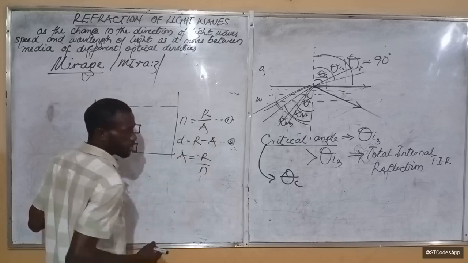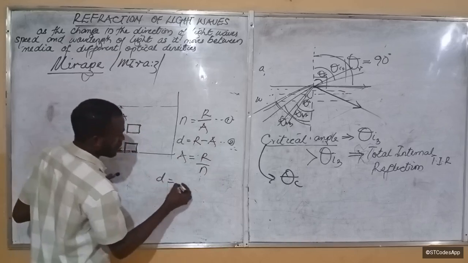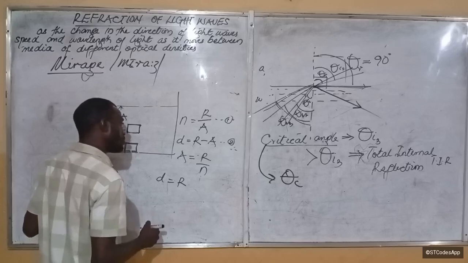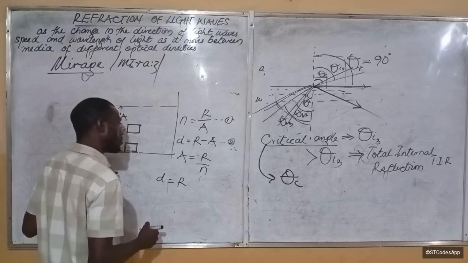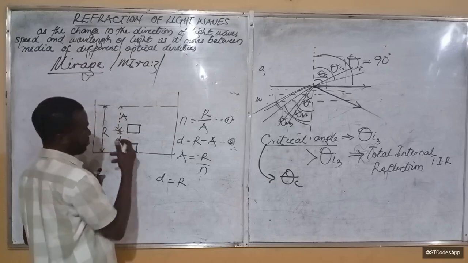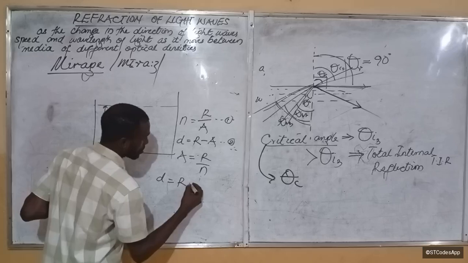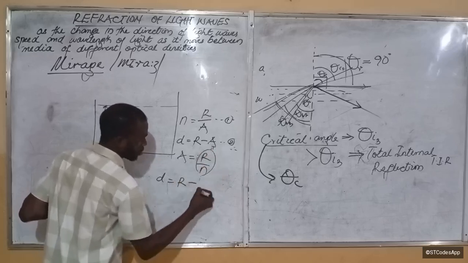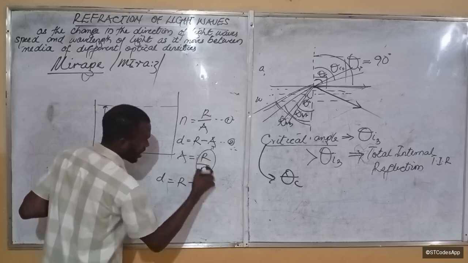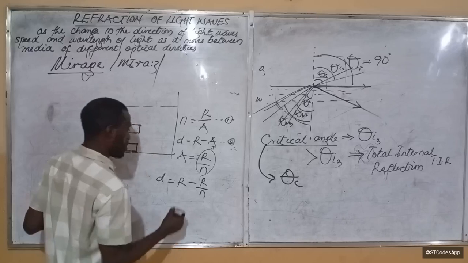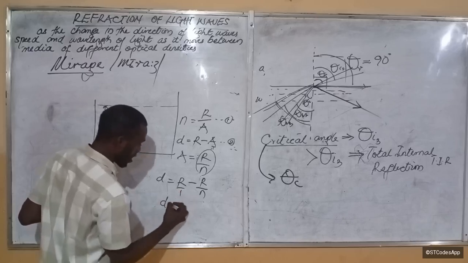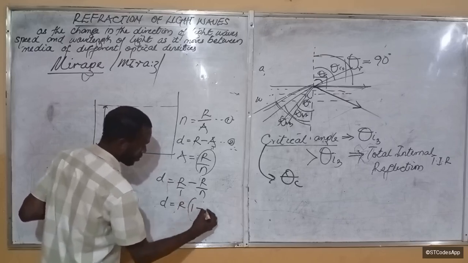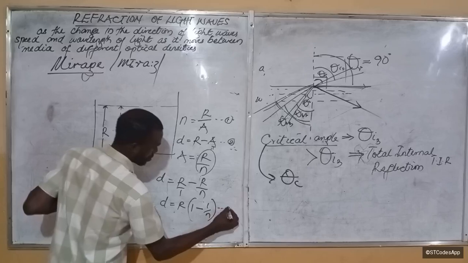Does that make sense? So what that means is that the deviation D is equal to R minus A. If you substitute and put this into equation 2, it becomes R minus R over N. By the time you factorize R out, D becomes R into bracket 1 minus 1 over N. Let's call this equation 3.